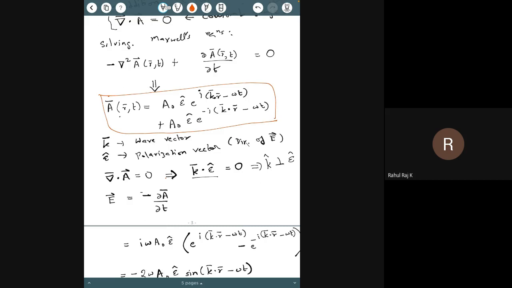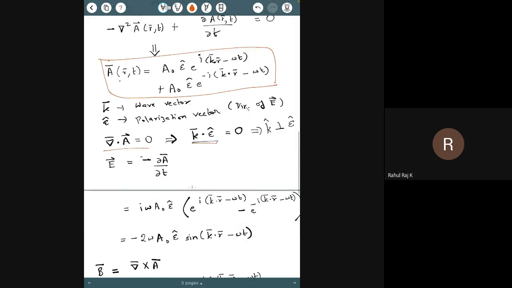And you have the electric field polarization vector, epsilon. And you can show that the wave vector is perpendicular to the electric polarization vector from the fact that the divergence of A is 0.